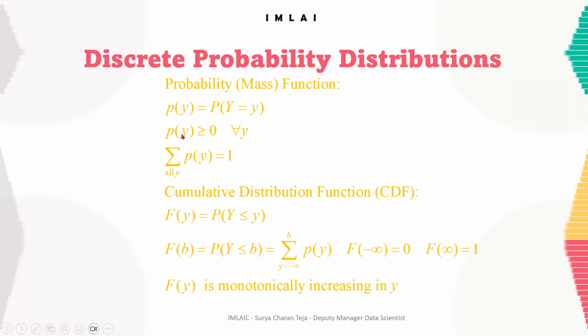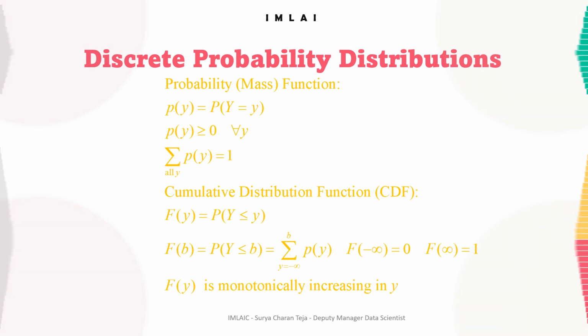The property is always that the probability of y is greater than or equal to 0 and less than or equal to 1, and then the summation of probabilities of each value of y is 1.